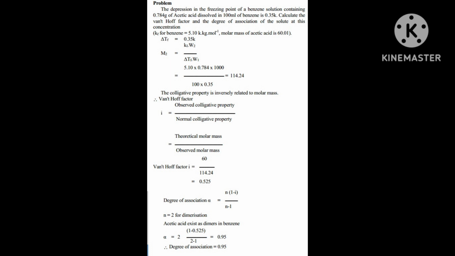If volume is given, density is given, simply multiply, you will get the mass. When you get the mass, divide by molecular mass, you will get number of moles. This you have to do. This is the common way. Now you have to calculate. I told you back calculation, you should try to do. Then your problem will be easy.